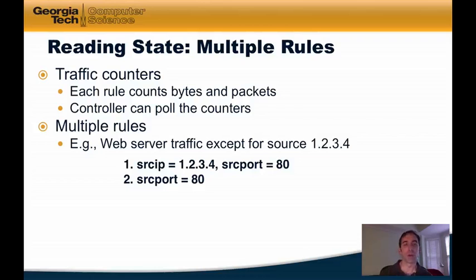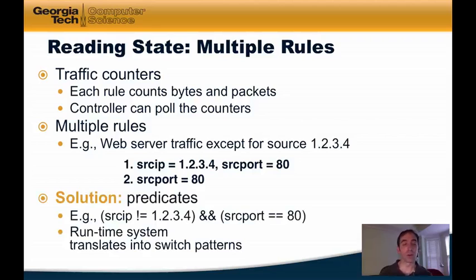For example, the operator might wish to monitor web server traffic except for traffic coming from the host with source IP address 1234. Doing so involves writing 2 rules, one for monitoring the port 80 traffic and the other for expressing the exception. When we have multiple rules, we need a way of expressing priorities so that rule number 1 takes precedence over rule number 2.